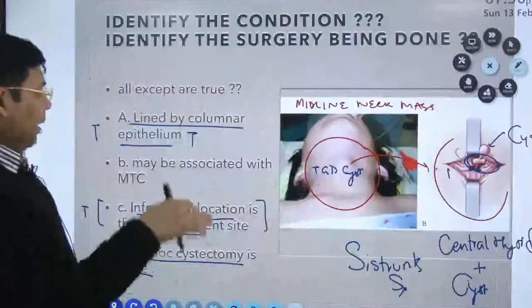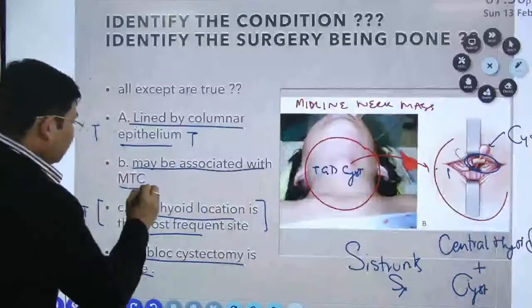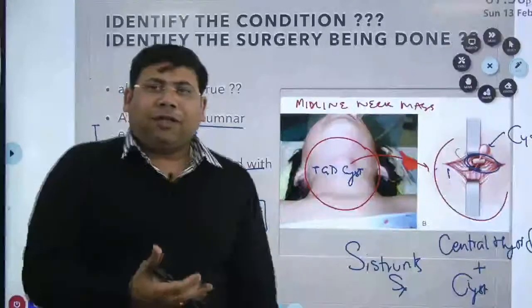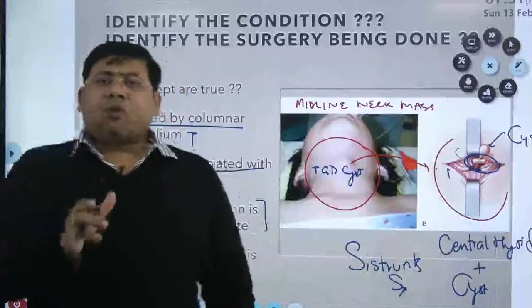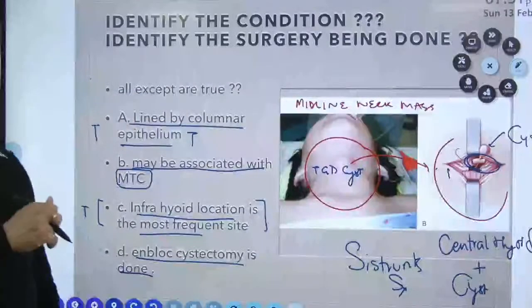So try to understand. Now this comment, let us come to this point. It may be associated with MTC. Now try to understand, medullary thyroid cancer is a special neuroendocrine cancer which arises from neuroectodermal cells of the ultimobranchial bodies.